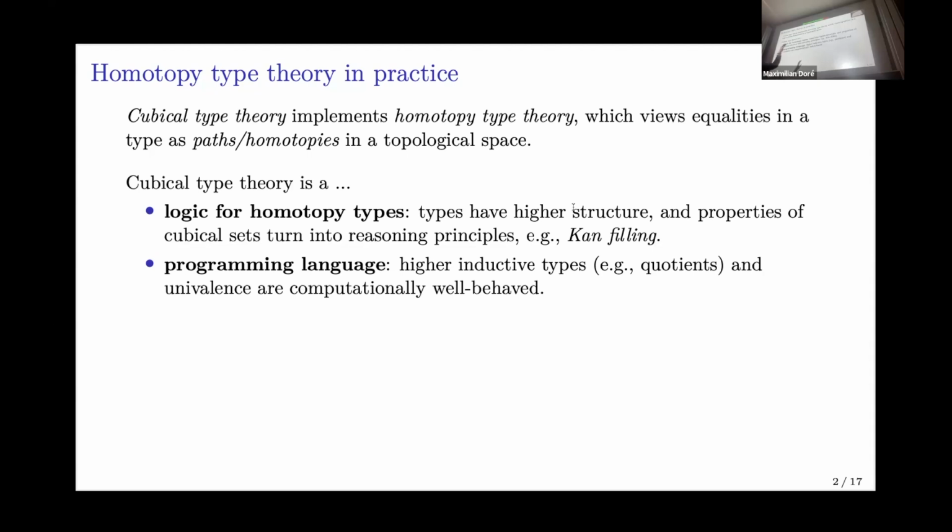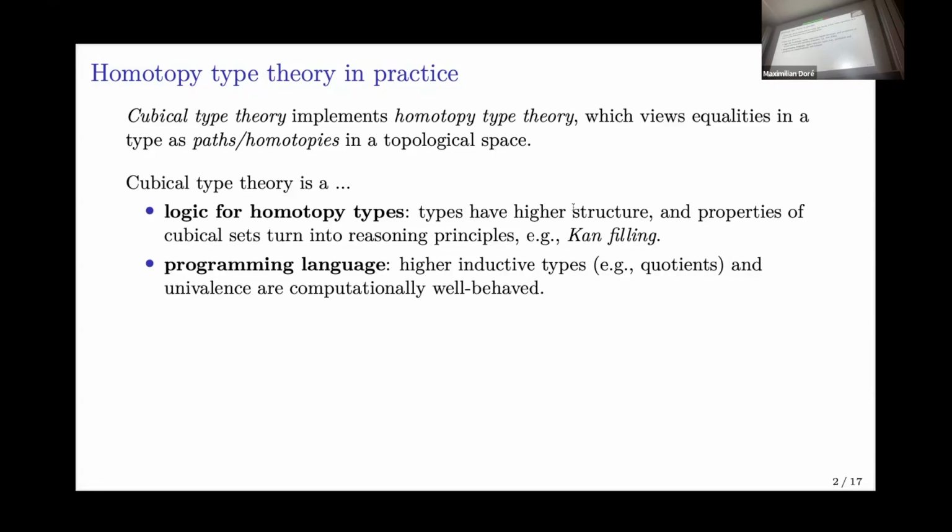And one such property is the cancelling property. This was a property of cubical sets that Kan came up with to characterize which cubical sets characterize spaces. And now this is a reasoning principle. This is a crucial feature of cubical type theory.